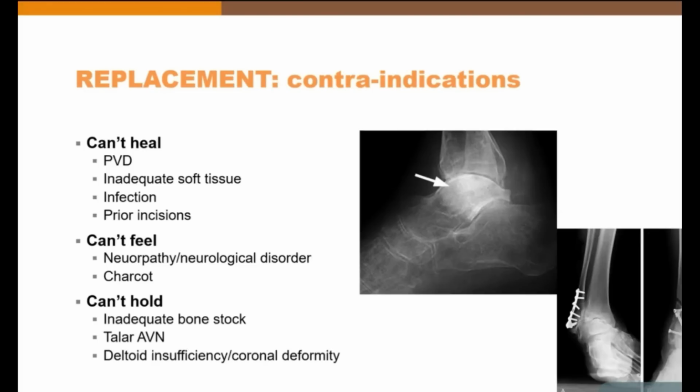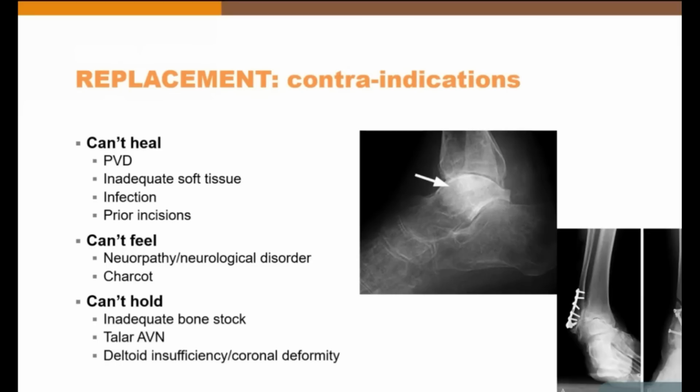Like other areas of the body, if you develop an infection that sets up glycocalyx on hardware, it can be very difficult to treat infection without removal of that hardware. And that can be a major complicating factor. Inadequate soft tissue, whether that is acute or it is chronic, including ulceration or soft tissue transfer that may have occurred.